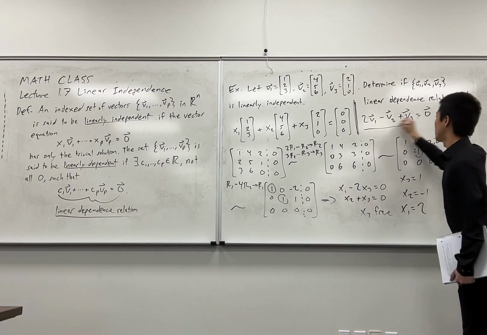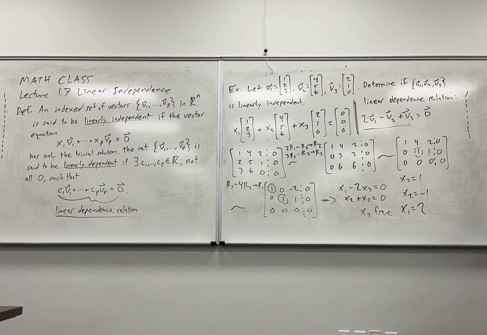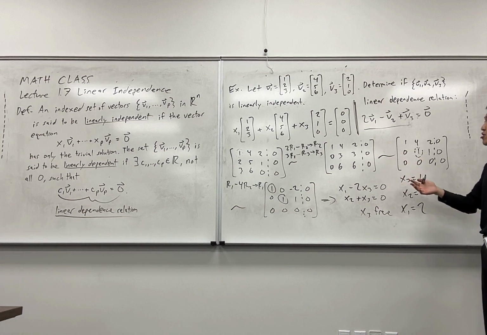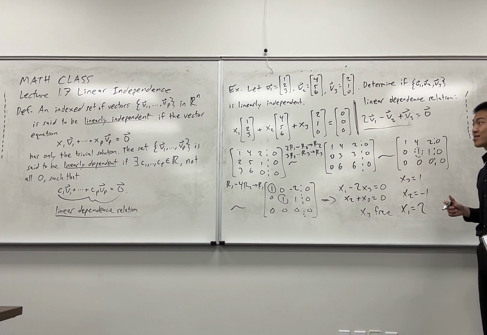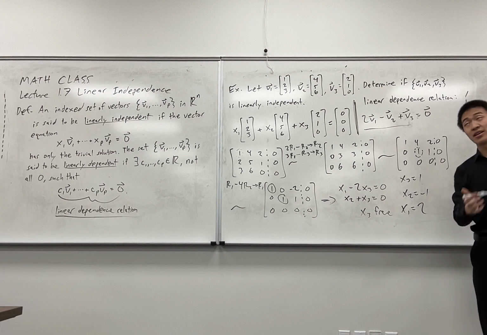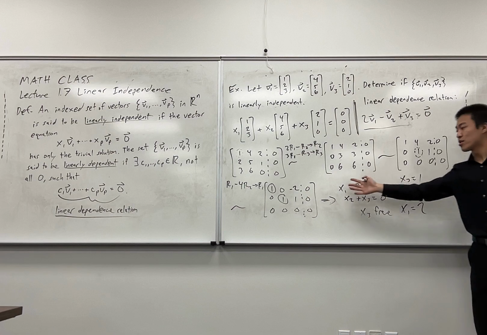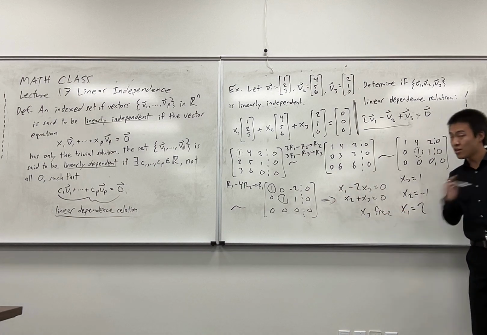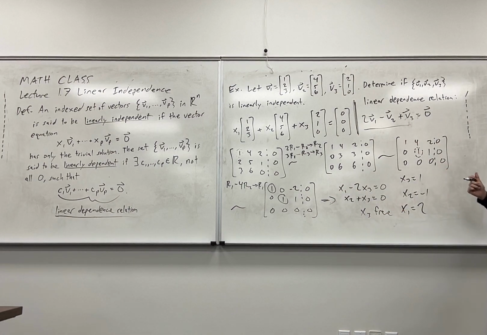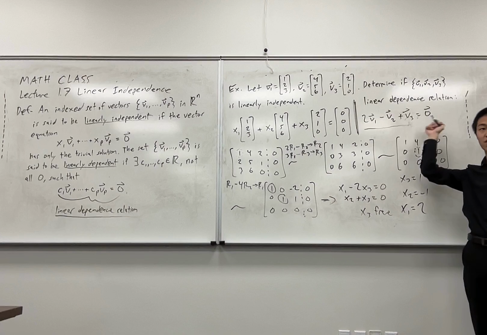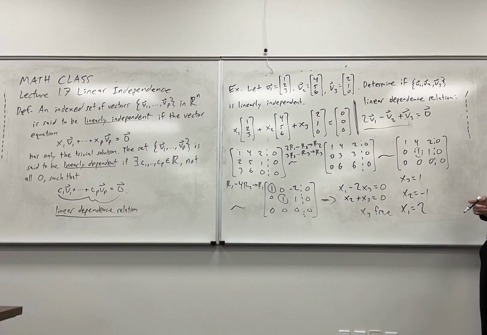This is one possible linear dependence relation. So if you are asked to show that a set of vectors is linearly dependent by giving one possible linear dependence relation, that's all it's articulating. It's saying, describe the solution set and then pick one of your infinitely many solutions and make those the weights of your linear dependence relation.